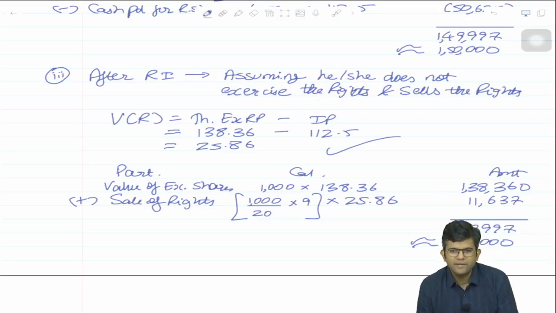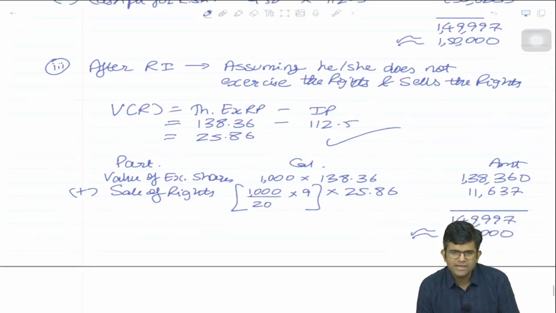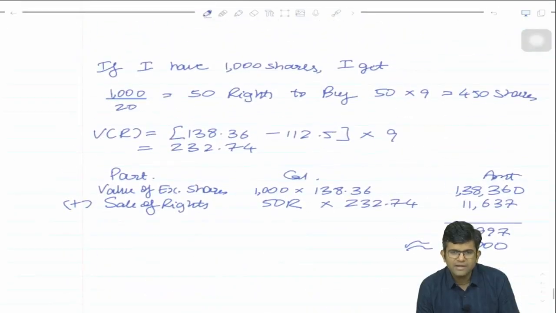One formula I have given. Value of a right alone. Now, I remember you copied from my notes, but in my notes, the formula for value of a right alone is ex-rights price minus issue price, and then I have put a bracket and written into number of shares per right, something like that.